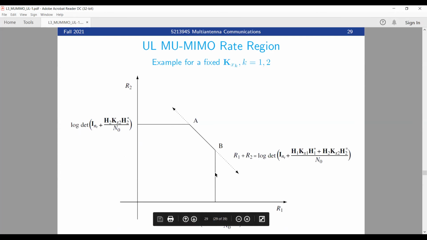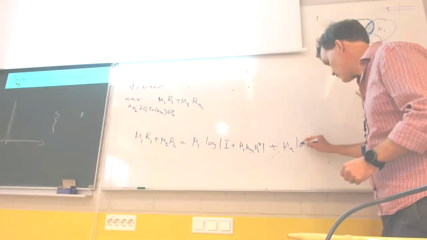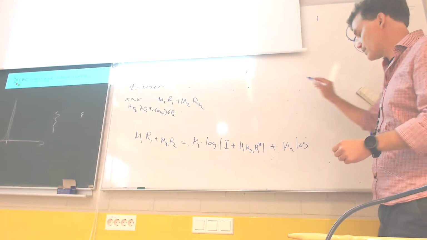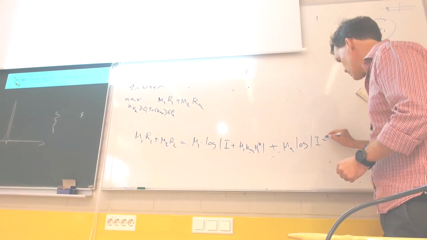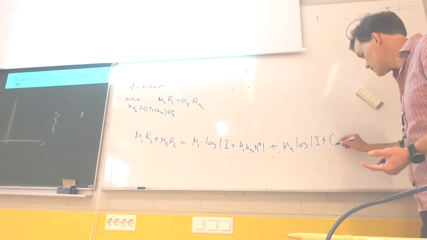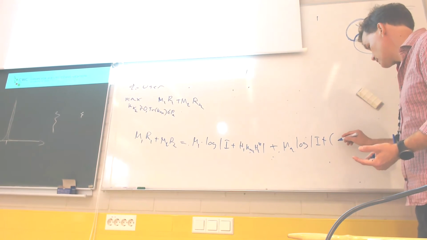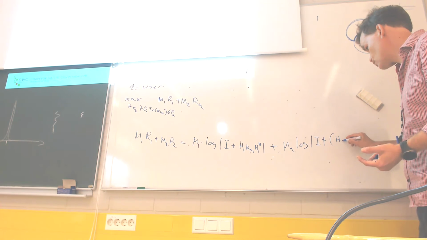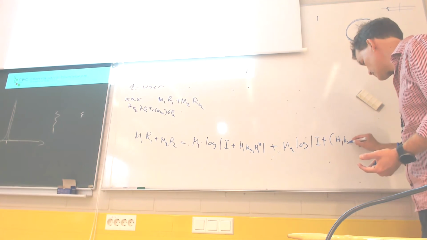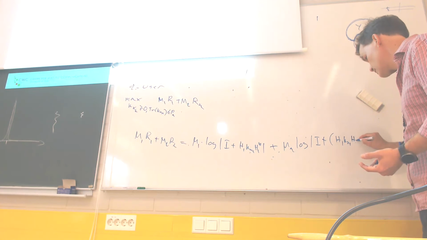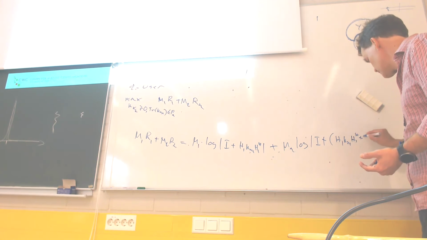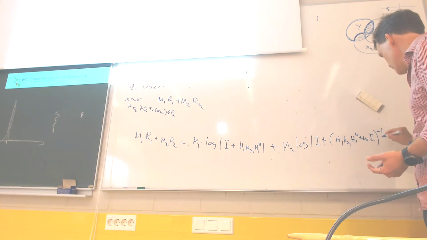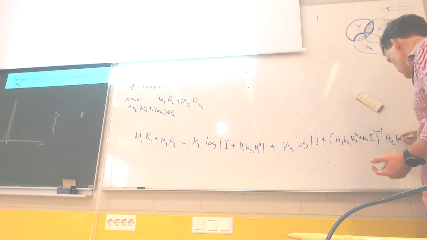So in this particular case, the rate of user 2, since it's decoded first, would be log det I plus the interference from user 1, H1 Kx1 H1 Hermitian plus N0 I, inverse, times H2 Kx2 H2 Hermitian.